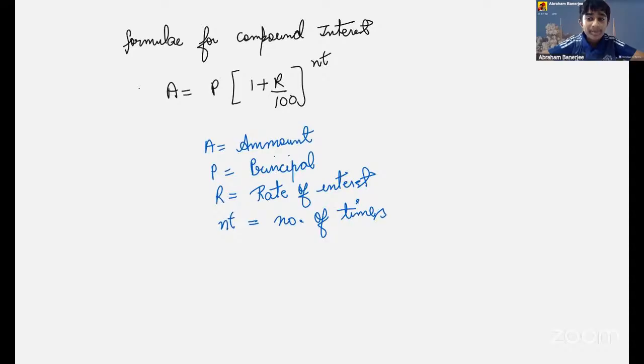I'm saying that it's compounded semi-annually. Semi-annually means after 6 months you have to calculate the interest, and the time period is 1.5 years. So how many times will you calculate interest?